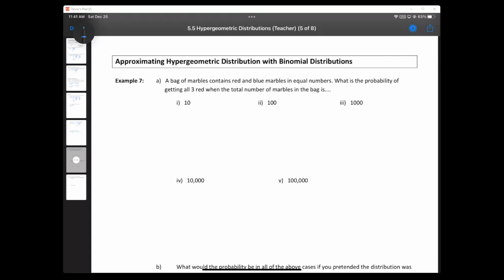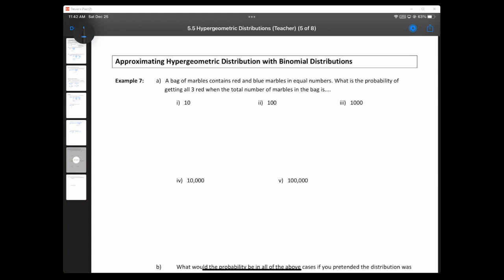Hypergeometric is definitely not the repeated Bernoulli trials. Yet we actually can make an approximation. Let's do the math first, and then I'll try to explain why this works. You'll probably figure it out on your own, and that's probably better for understanding it. But if you don't get it on your own, I will help you through it once we've done this one.